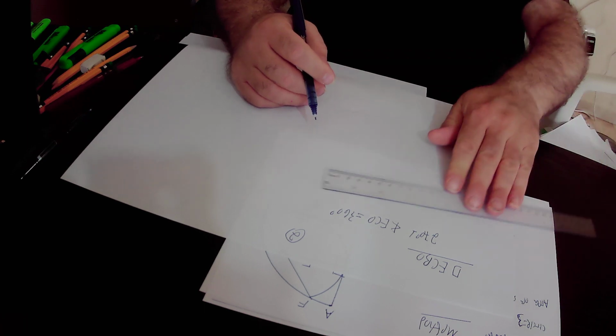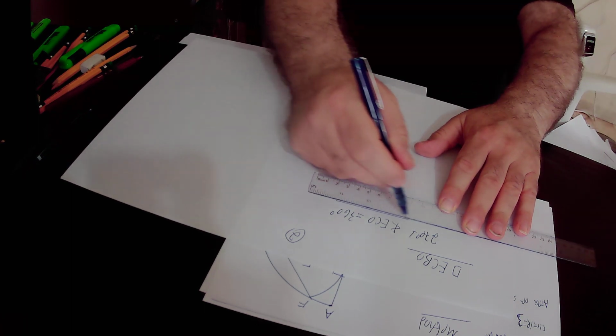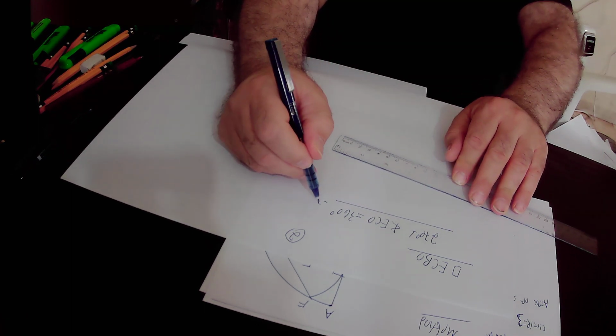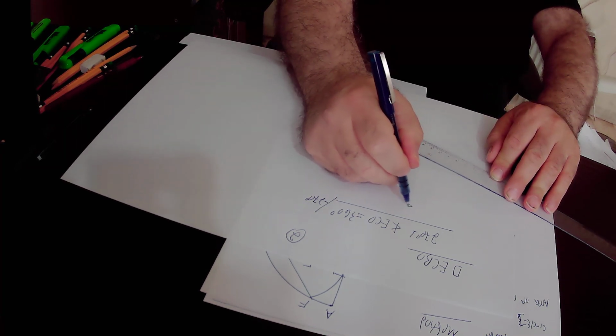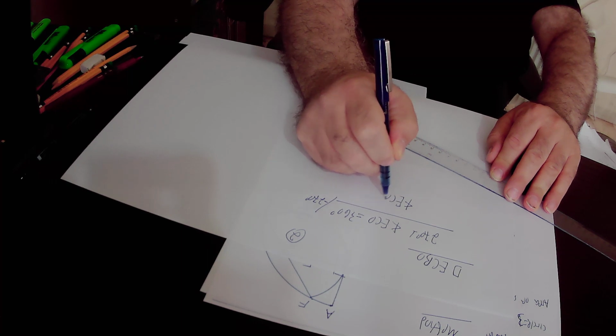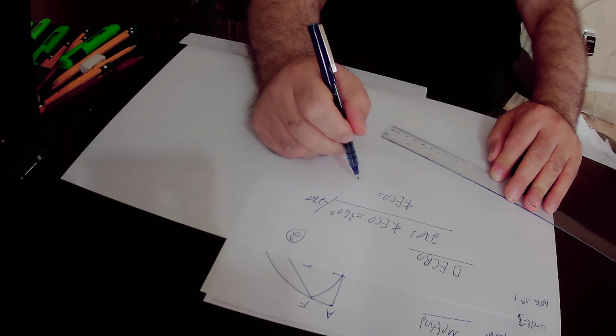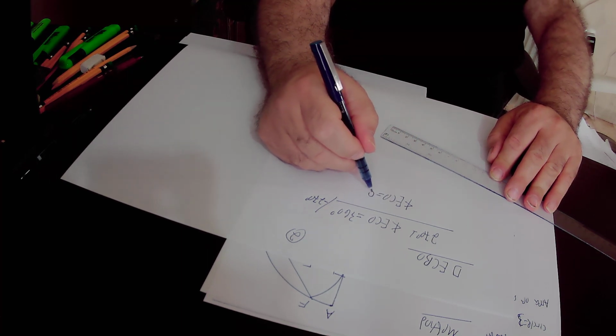Here, we will subtract 270 degrees from this equation, and we will get that the missing angle, angle ECO, is equal to 360 degrees minus 270 degrees, which is 90 degrees.